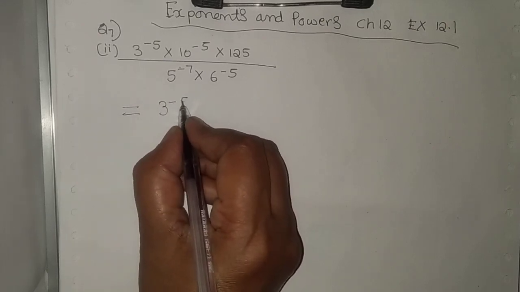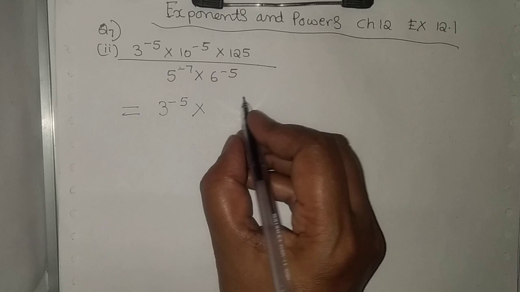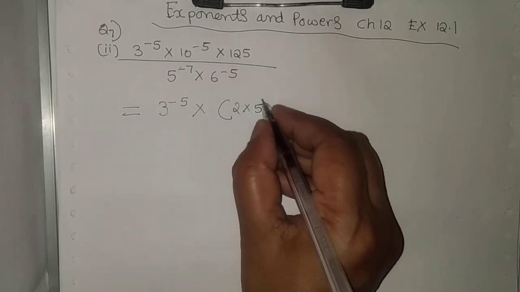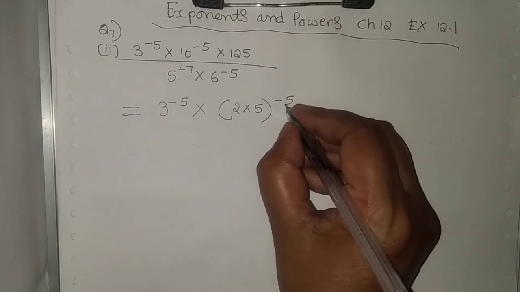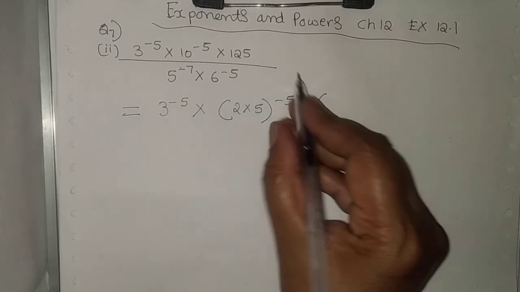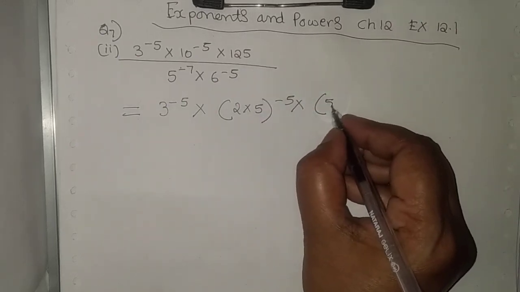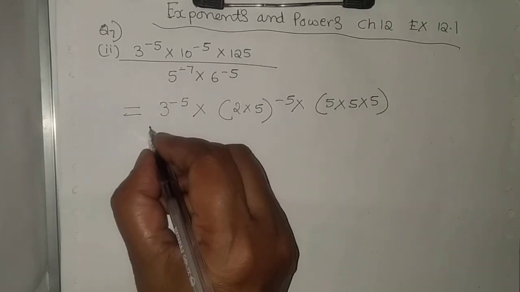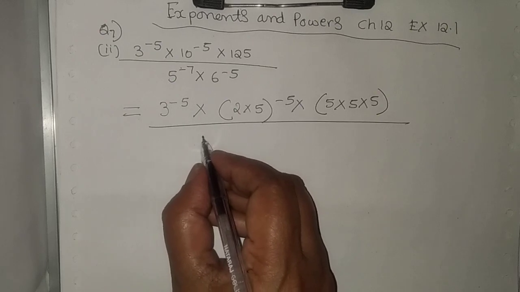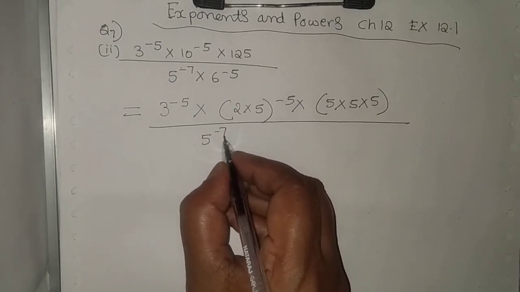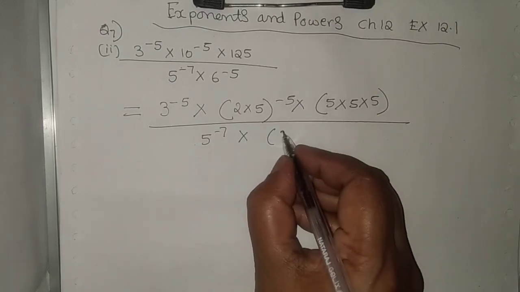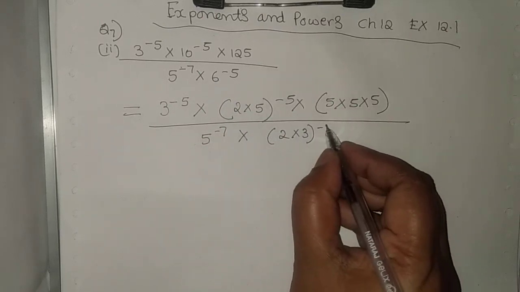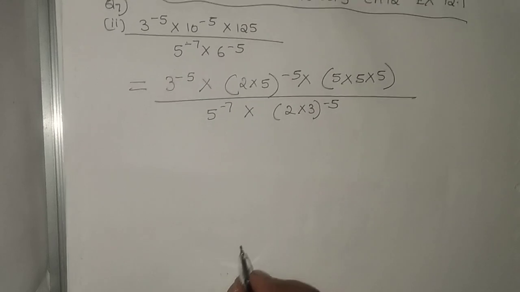First step, 3 power minus 5 into, this 10 can be written as 2 into 5 to the power of minus 5 into 5. 125 can be written as 5 into 5 into 5. Then 5 power minus 7 into 6 can be written as 2 into 3, 2 3s are 6, to the power of minus 5.